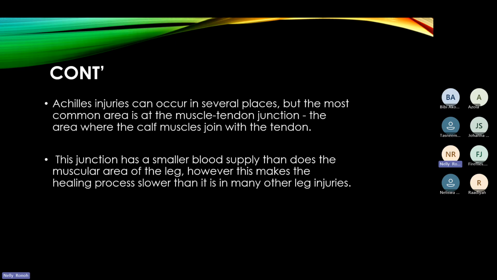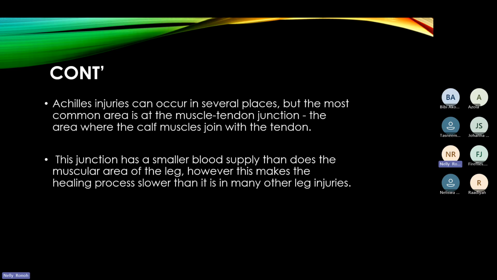Achilles injuries can occur in several places, but the most common area is the muscle tendon junction, or the myotendinous junction. That is the area where the calf muscles join the tendon, and it is the junction where we usually get a lot of tears.